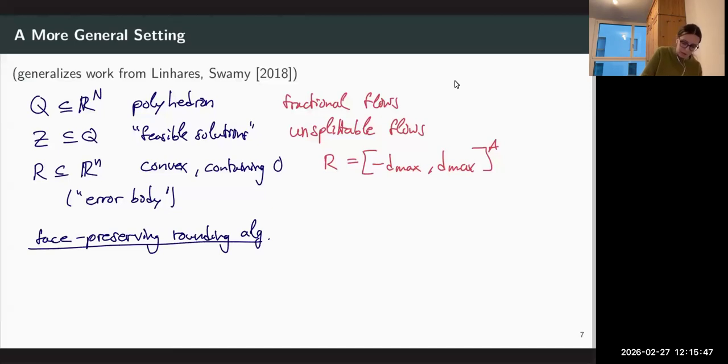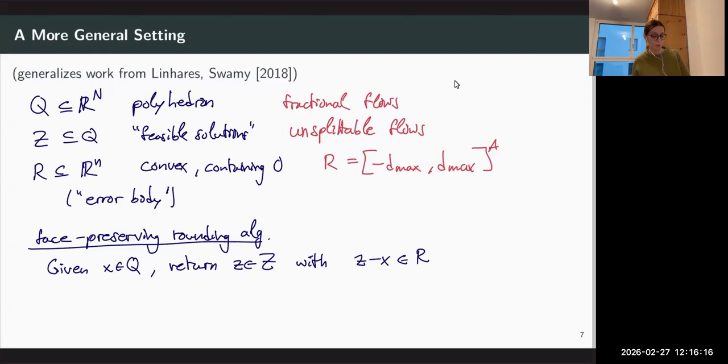If we are given x in Q, in our case some fractional flow x, then it will return a feasible solution z, in our case an unsplittable flow, with the property that z minus x is contained in R, the error body.